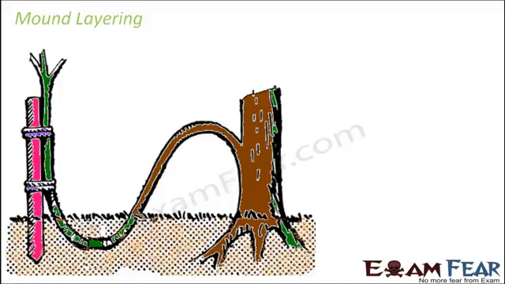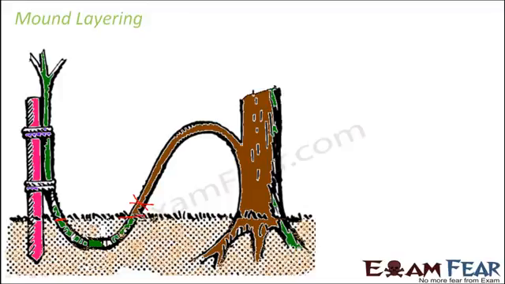Some portion of it from here till here is being covered with moist soil. Then after a few days, it is seen that new roots tend to develop from this part which was under the ground. Whenever roots start developing, after new roots are developed, this can be detached from the main plant. You can cut it from here, detach it from the main plant, and then this can give rise to a new plant altogether.